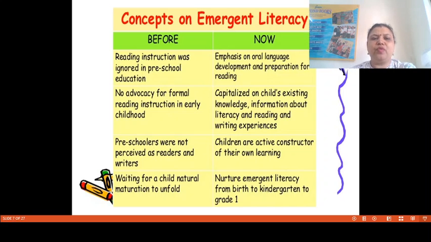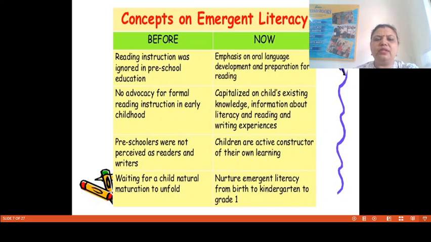Reading instruction was ignored in preschool education, but emphasis on oral language development and preparation for reading is focused on now. No advocacy for formal reading instruction in early childhood, whereas nowadays it capitalizes on a child's existing knowledge, information about literacy, and reading and writing experiences.